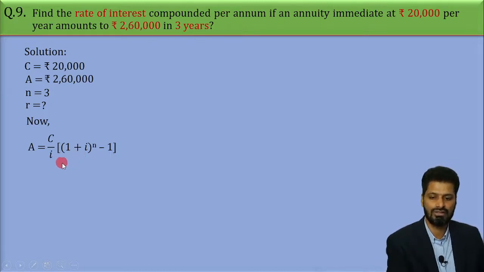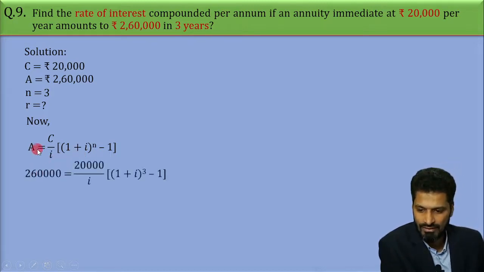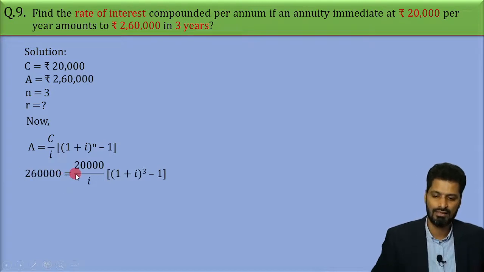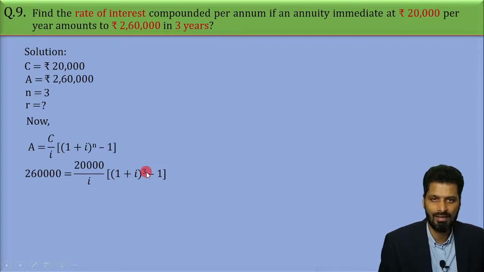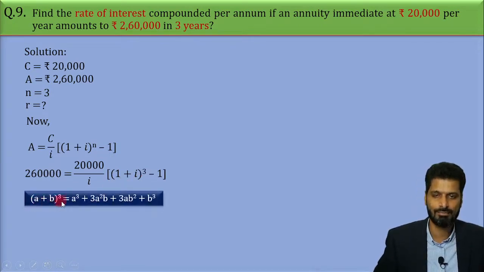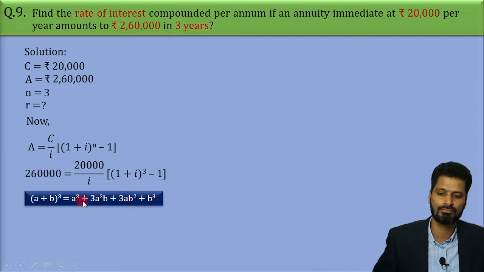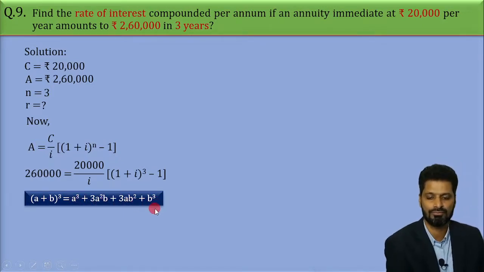Now let's substitute the given values one by one. It will be 2,60,000, and on the right hand side it will be 20,000 upon I into (1 plus I) the whole cube minus 1. Now this (1 plus I) the whole cube can be expanded using (A plus B) the whole cube as A cube plus 3A square B plus 3AB square plus B cube.